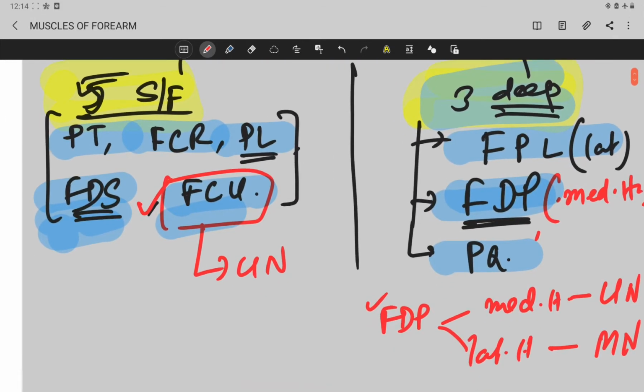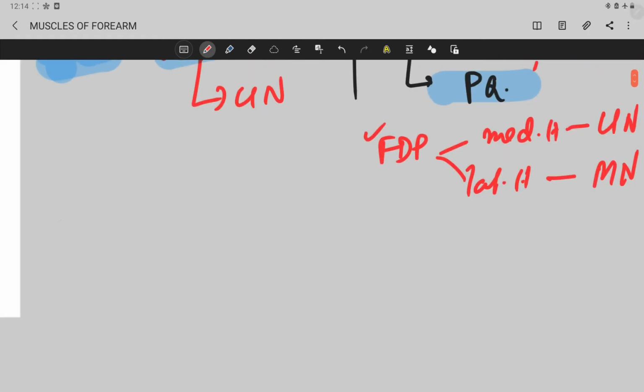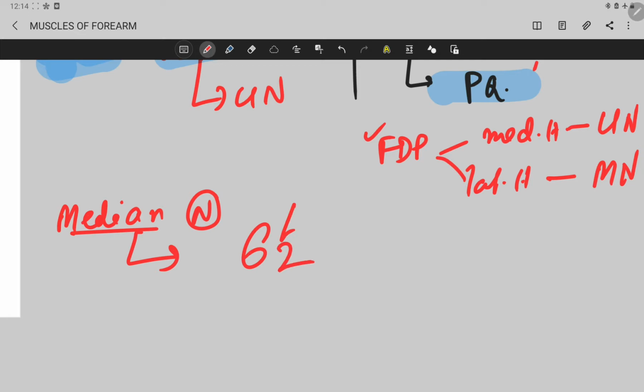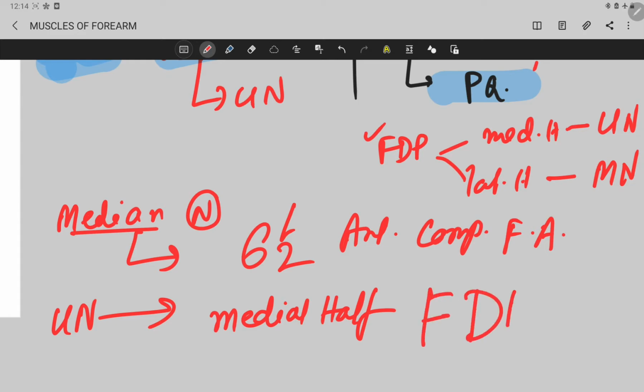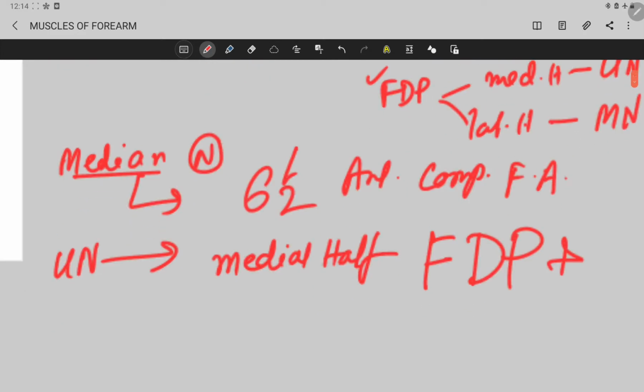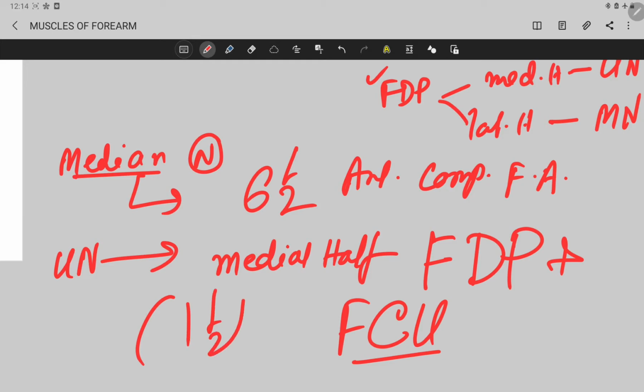The median nerve supplies 6.5 muscles of the anterior compartment of the forearm, and the ulnar nerve supplies the medial half or medial head of flexor digitorum profundus, and another one is your flexor carpi ulnaris. So 1.5 muscles are supplied by your ulnar nerve.